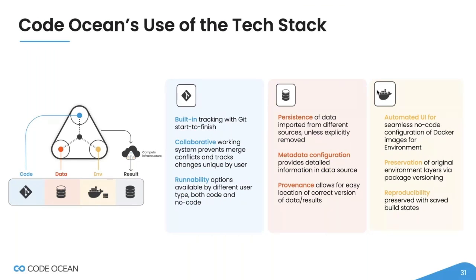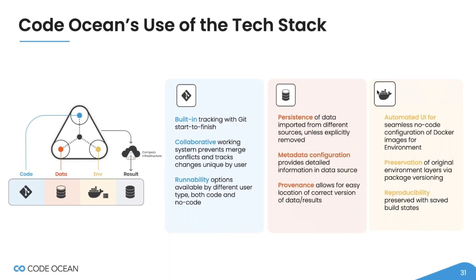So in CodeOcean, all of your code is accompanied in a compute capsule via built-in tracking with Git from start to finish. And this is available via our timeline. You can easily track your code start to finish with a built-in Git UI.